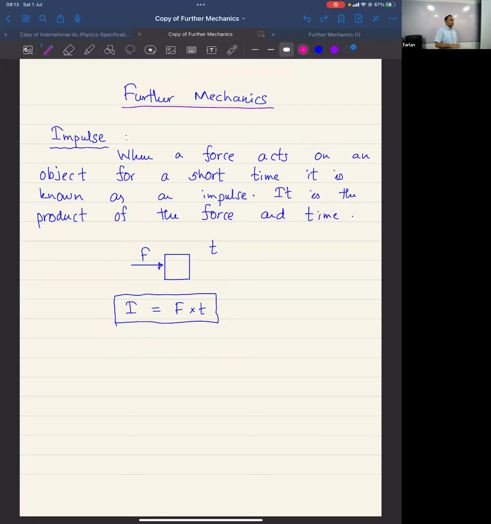Impulse is also equal to change in something, I'll come back to that later.